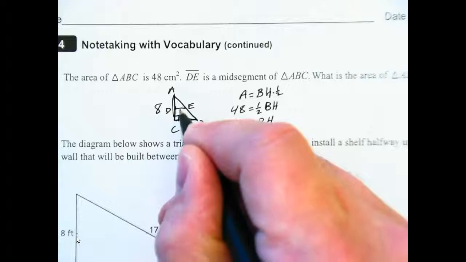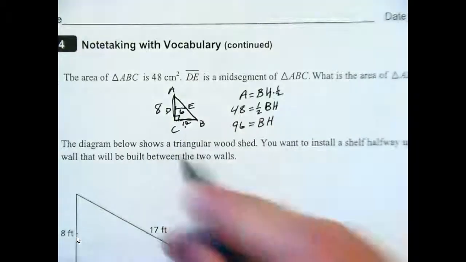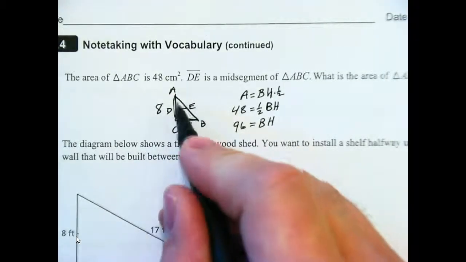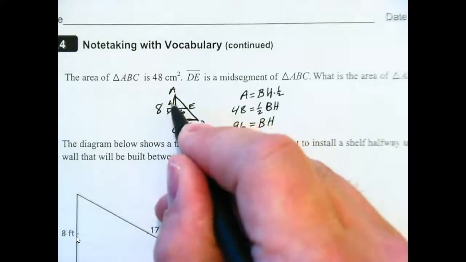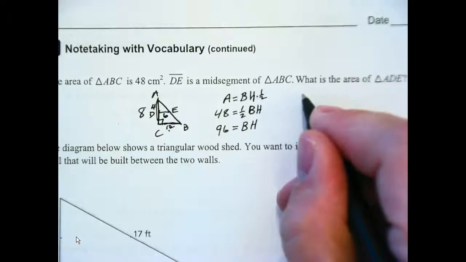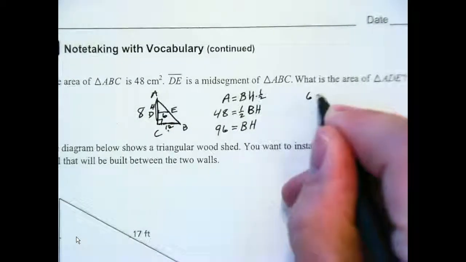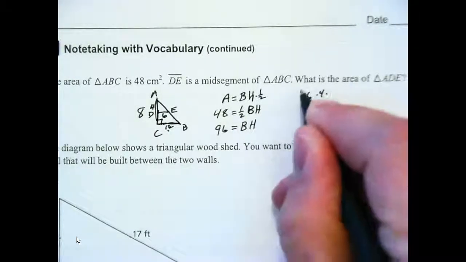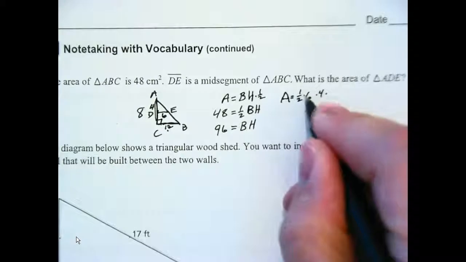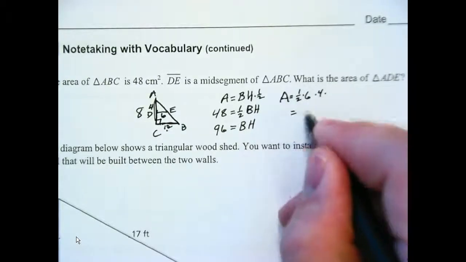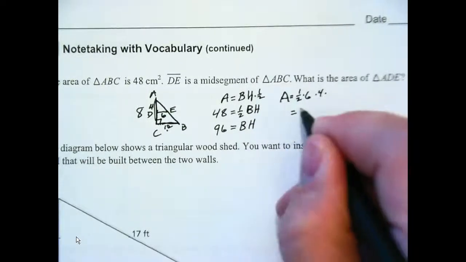That's 6. So the area of my big triangle is 96 for base times height, whereas the small triangle is 6 times 4 times 1/2, which gives me 24 divided by 2, or 12.